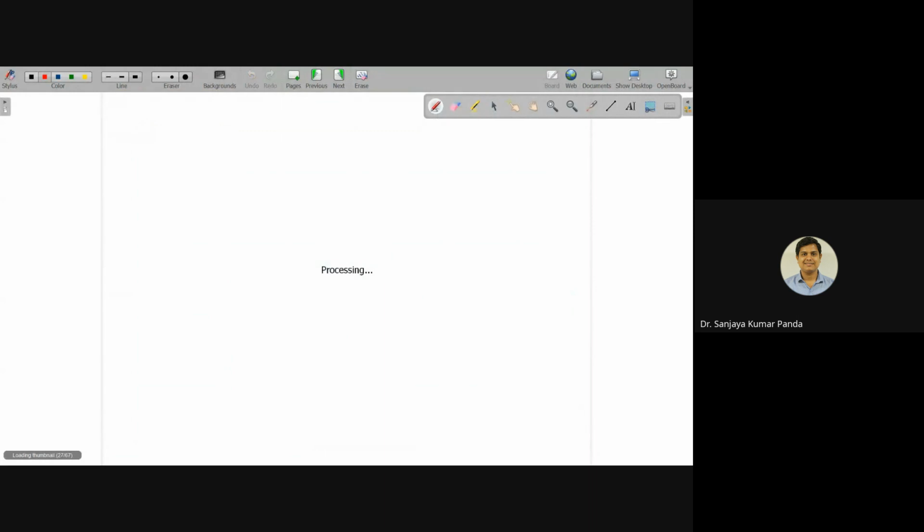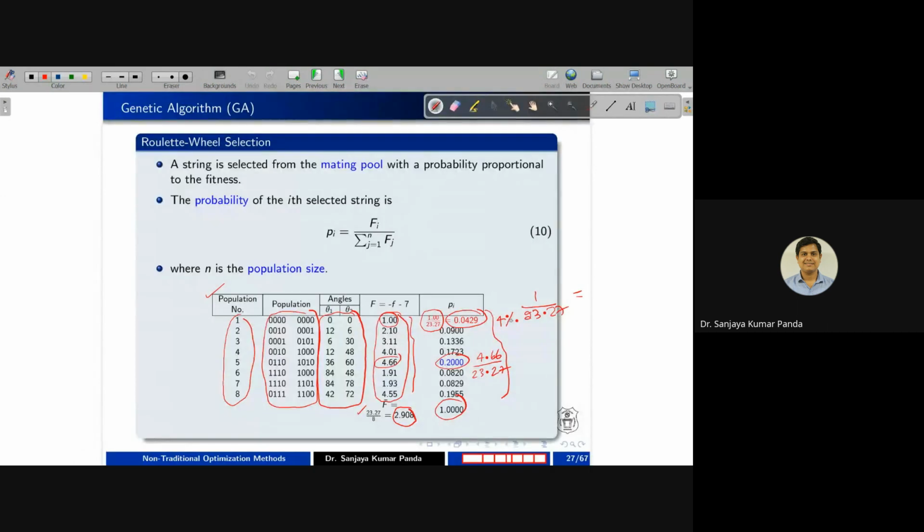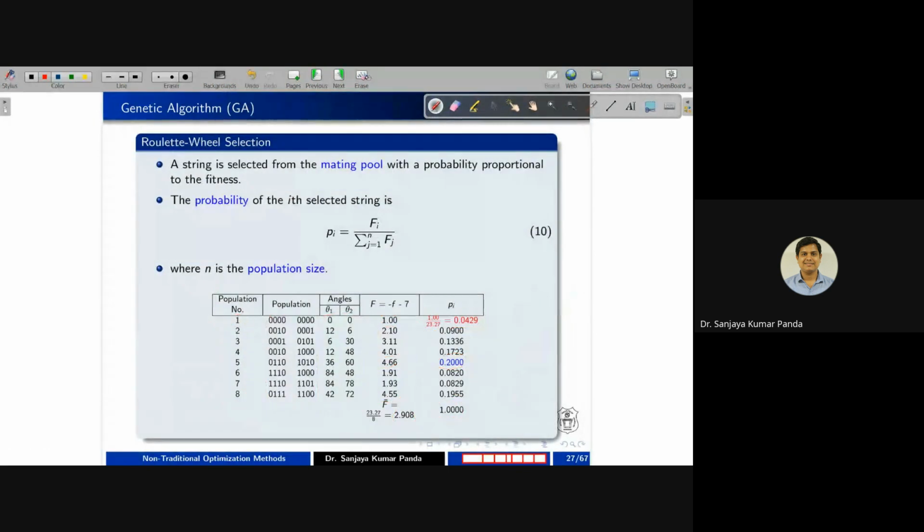Because finally you have to represent it in the form of a wheel. Here we are taking the ceiling value, so this 4.29% is also considered as 5%. So population 1 covers this much area in the wheel, right? Similarly, population 2 covers this much, 3, 4, 5, and you can see which population has more probability here.